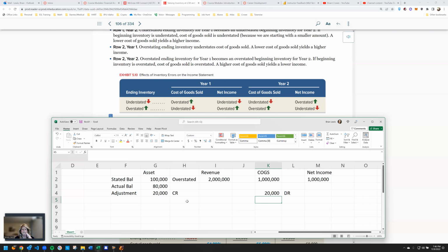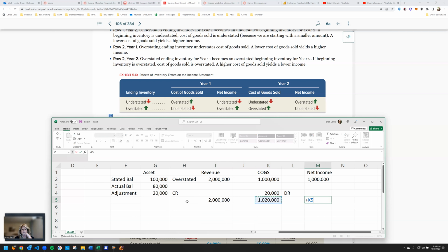which effectively then makes cost of goods sold, if I'm doing this right, let's just do this to make it easier. We can change up the equation a little bit. So then my cost of goods sold is 1.02 million, and we got this.